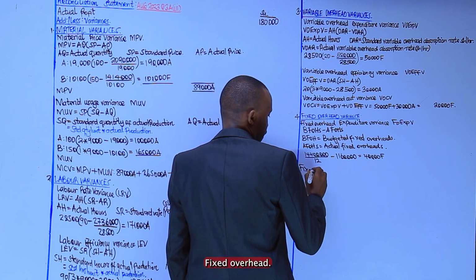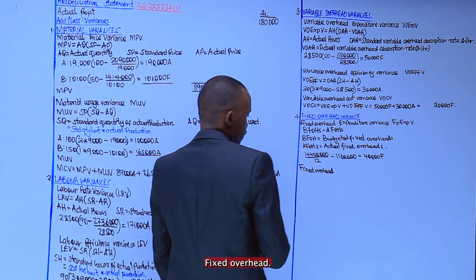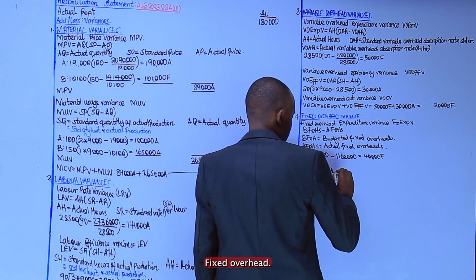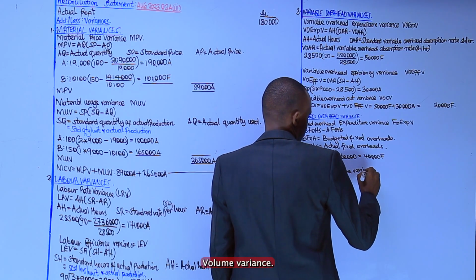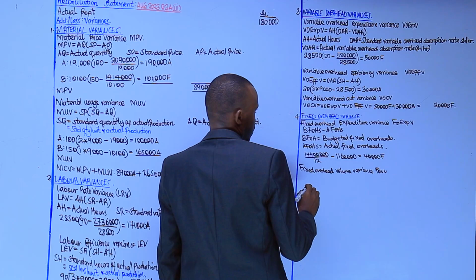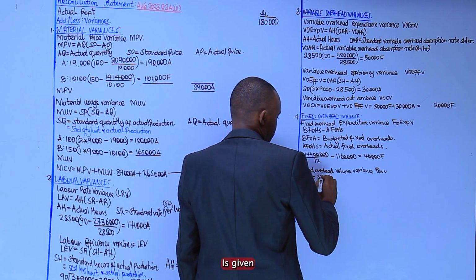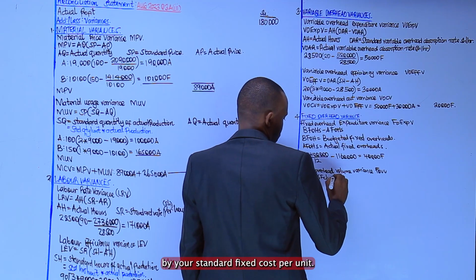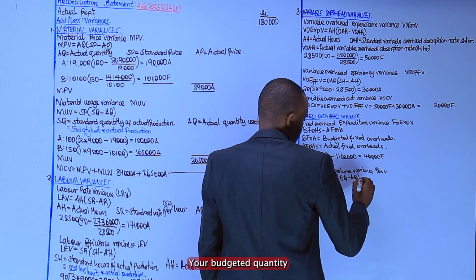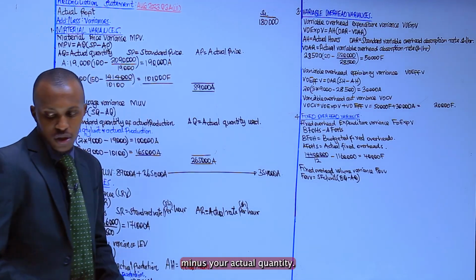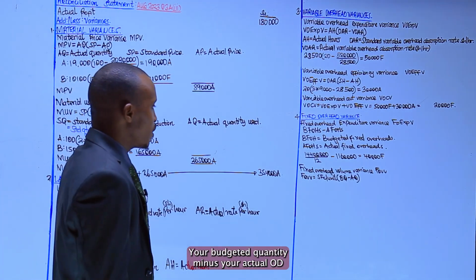Fixed overhead volume variance is given by your standard fixed cost per unit, your budgeted quantity minus your actual quantity.